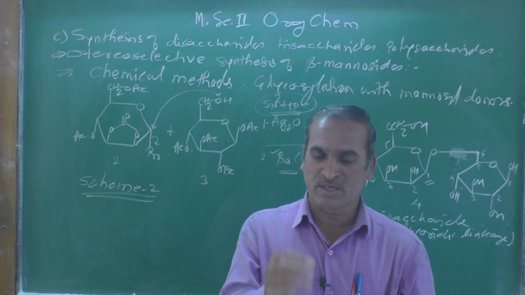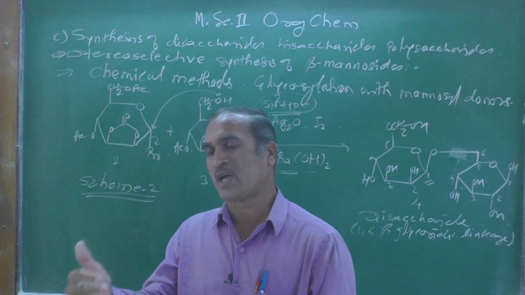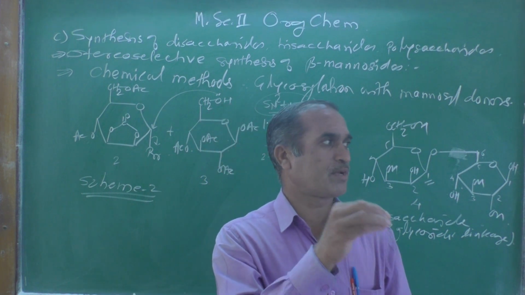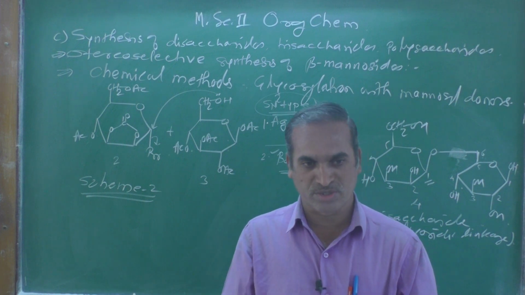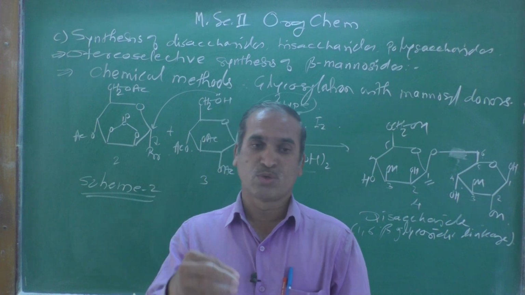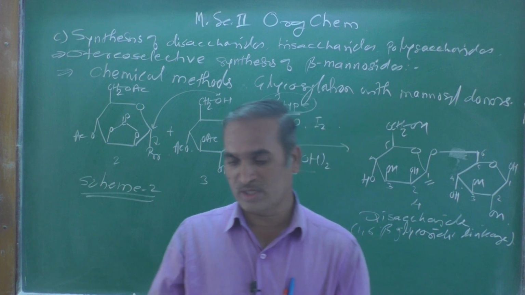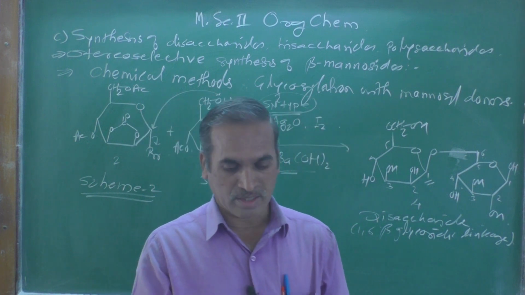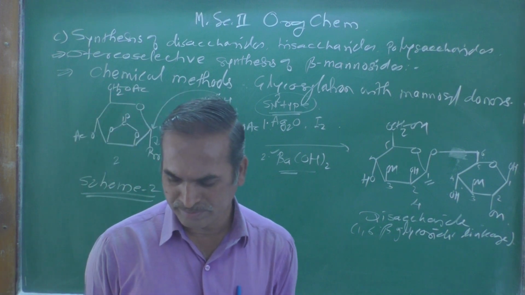That is the main characteristic of the SN2 type of reaction. Whenever a product is formed, it is always an inversion product, because the nucleophile attacks from the back side, and that's why we get this type of product.